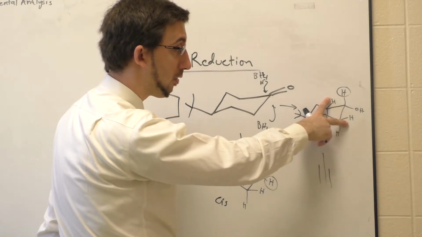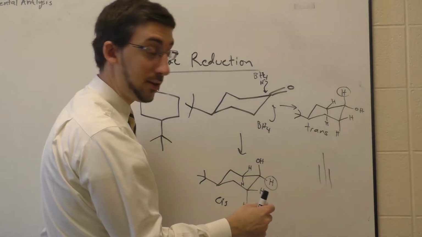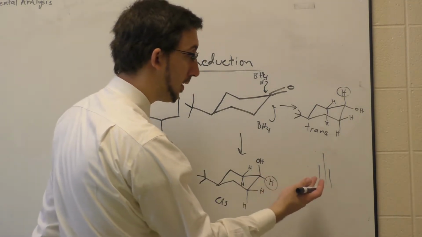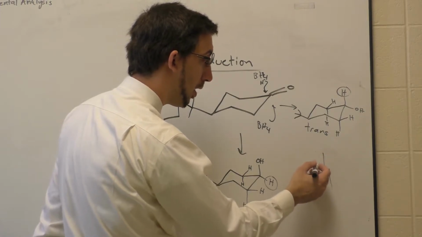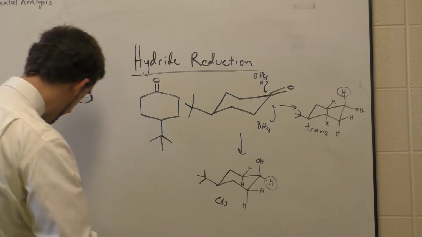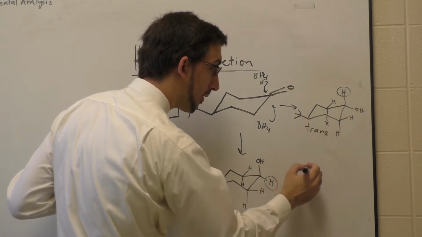So that's going to split each of these signals into a triplet. And so at the end of the day, I'm going to have a triplet of triplets. I'm not going to be able to draw this very well, but essentially we're going to end up with a triplet of triplets for that hydrogen in the trans case.